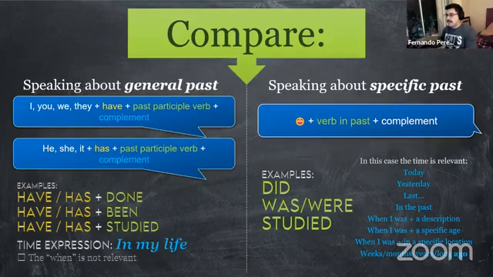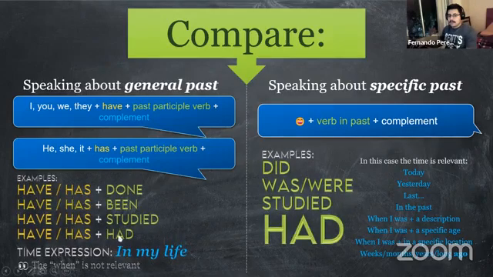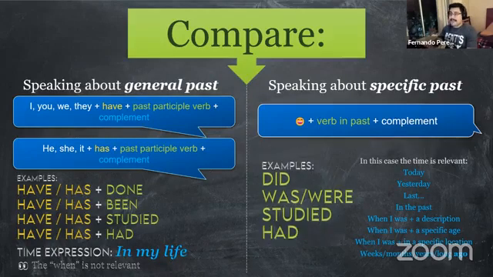Let's talk about one of my favorites. One of my favorites is the verb have. I really like this verb because it's very confusing. Super confusing. Let's talk about it. In my life, I have had many girlfriends.